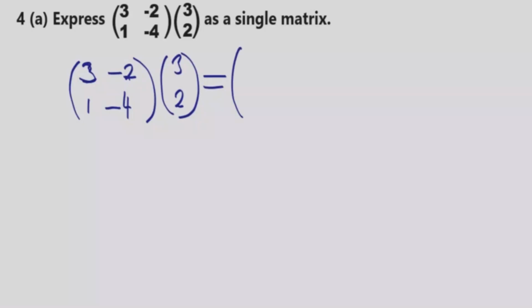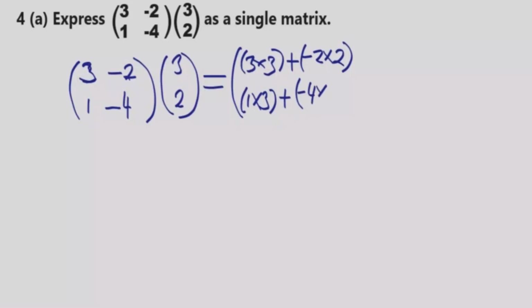Then we say 3 times 3, close bracket, then plus -2 times 2, close bracket. We are done multiplying the terms on top. We come down, we say 1 times 3, close bracket, then plus -4 times 2, close bracket, then we close the entire matrix.